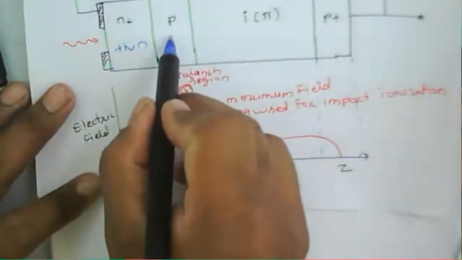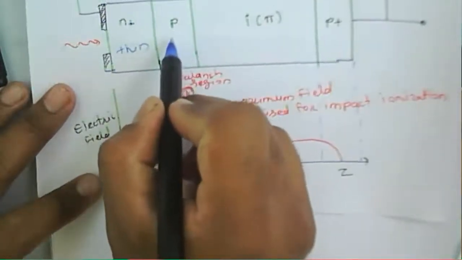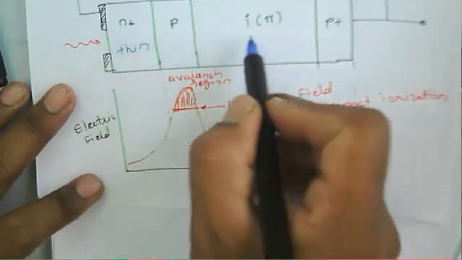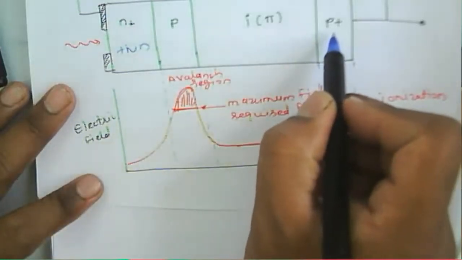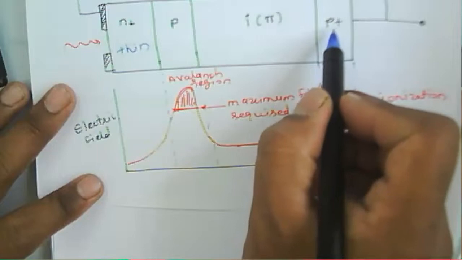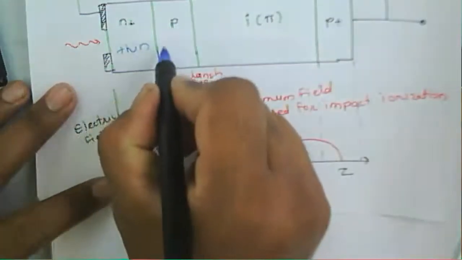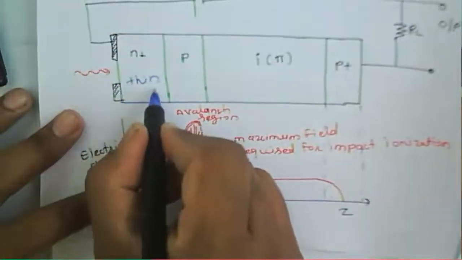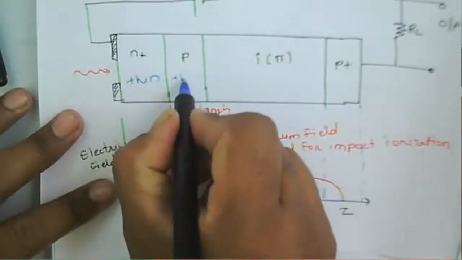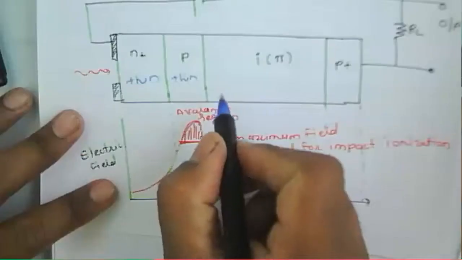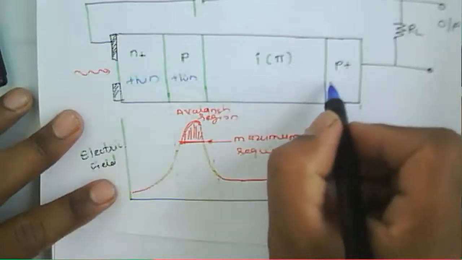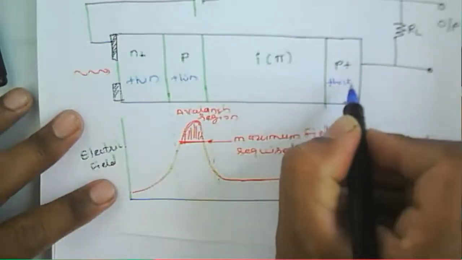And then we have this p-type material here. Then we have another p-type material that is highly doped. Because incident light is falling on this, the n plus layer is thin. Similarly, this one is again a thin layer.